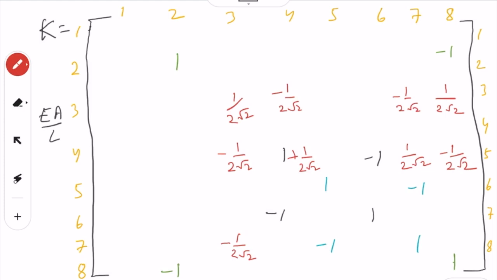Then we have 1 over 2 root 2, okay. Then here already we have 1, so we are going to add. So we will add plus 1 over 2 root 2, and then we have minus 1 over 2 root 2. Okay, done.